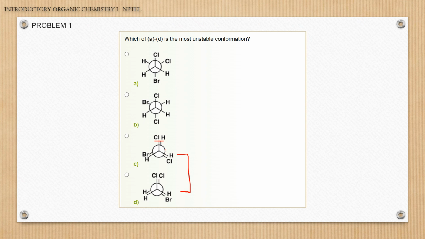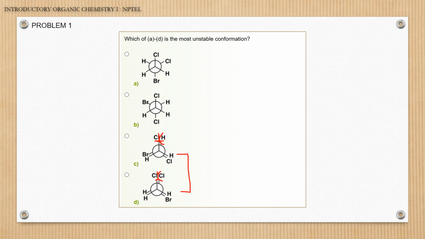Now Cl is in the surrounding of this hydrogen. Chlorine is bigger than hydrogen, but as you can see in the D part, chlorine is in close proximity with another chlorine. The two of them are bulky enough, right?